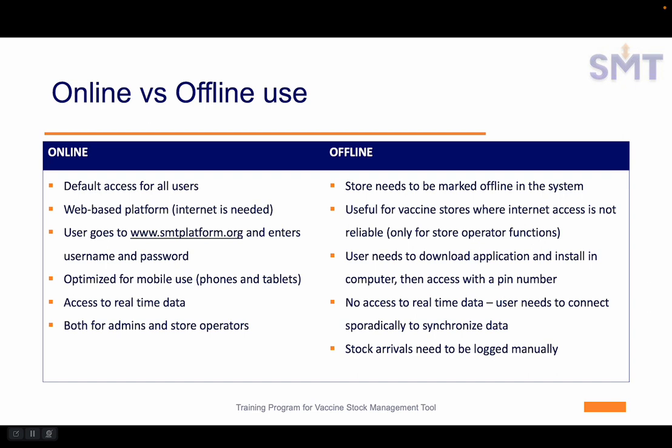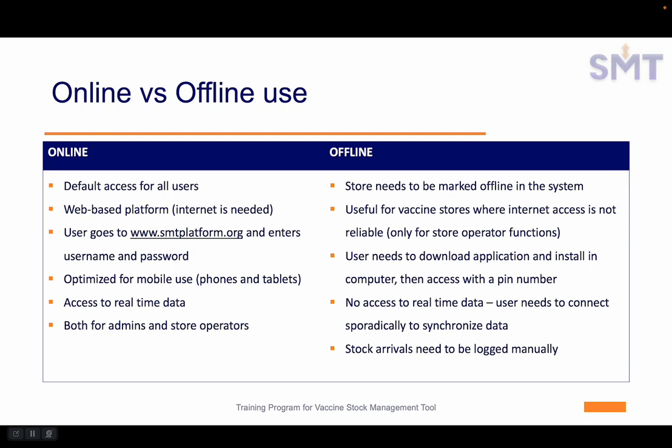This online application is optimized for mobile use, so it can be accessed through a regular computer, laptop, phone, tablet, any kind of mobile device, and it gives access to real-time data. Within this SMT application, we have all the functionalities of the SMT, both for administrators and for store operators.